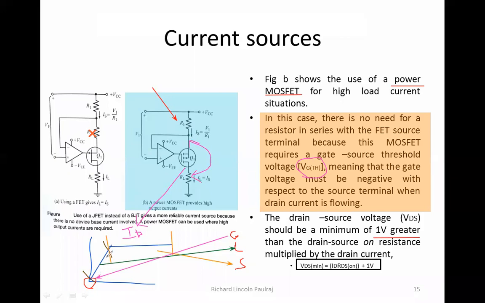At this point it is increasing, and here it starts becoming constant, right? ID becomes constant once the device is in the saturation region. Here the ID is exponential, and here the ID is linear. So VGS and VDS, these two are very important terminologies, right? VGS and VDS.